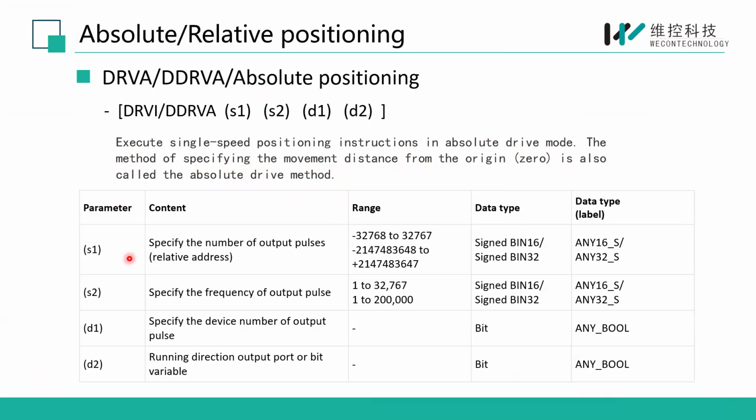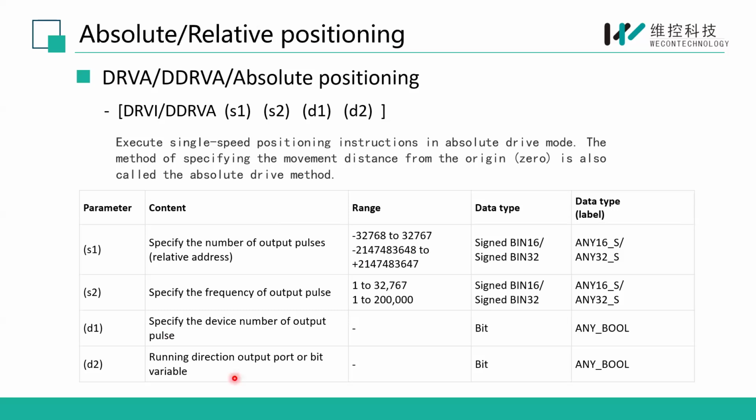S1 specifies the number of output pulses, and S2 specifies the frequency of output pulses, so the speed is the same as DRVI. The third, D1, specifies the device number of output pulses, and D2 means the running direction output port or bit.